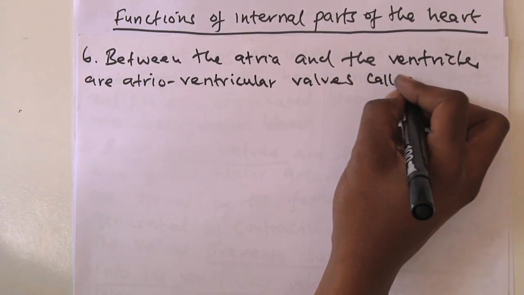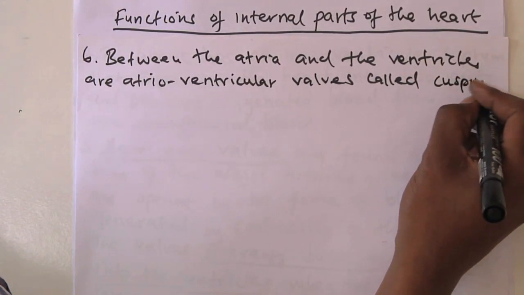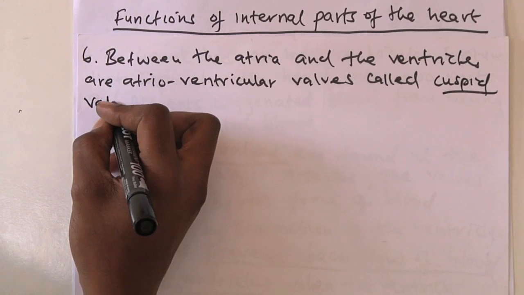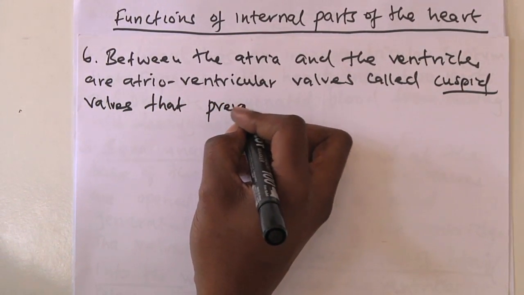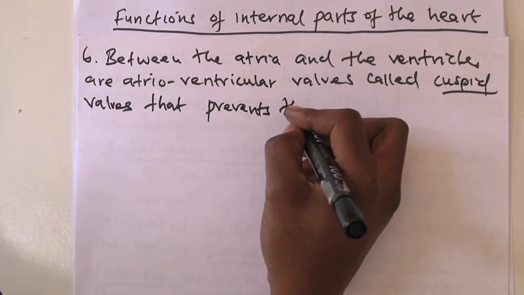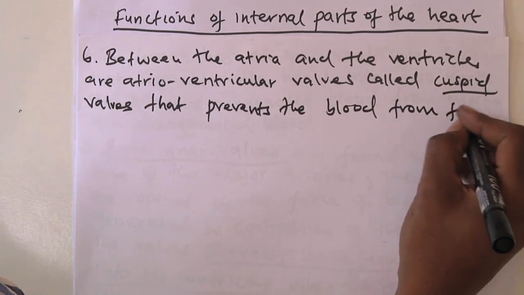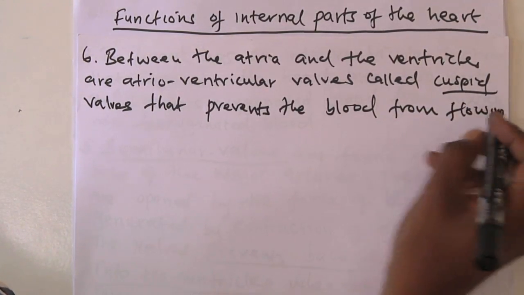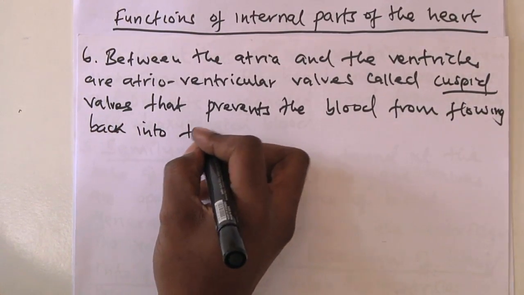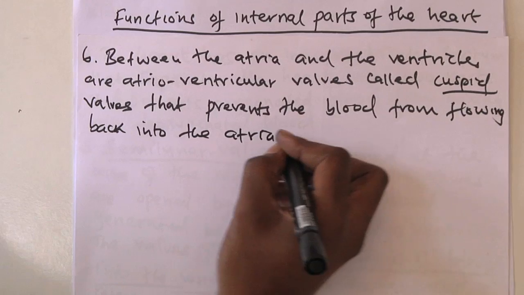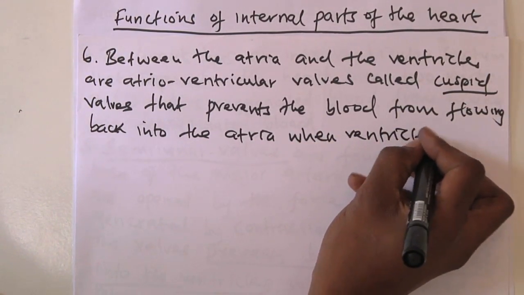And what is the name of these atrioventricular valves? They are what we call the cuspid valves, that prevent the blood from flowing back into the atria when ventricles contract.